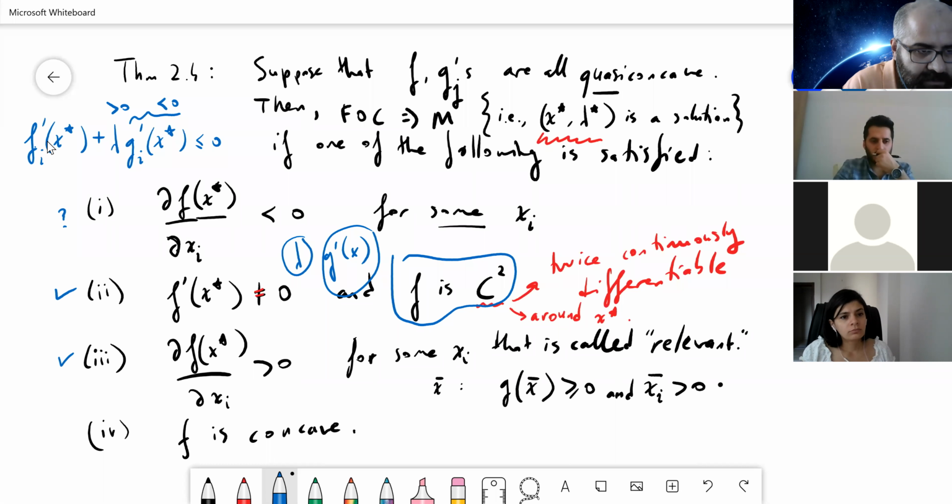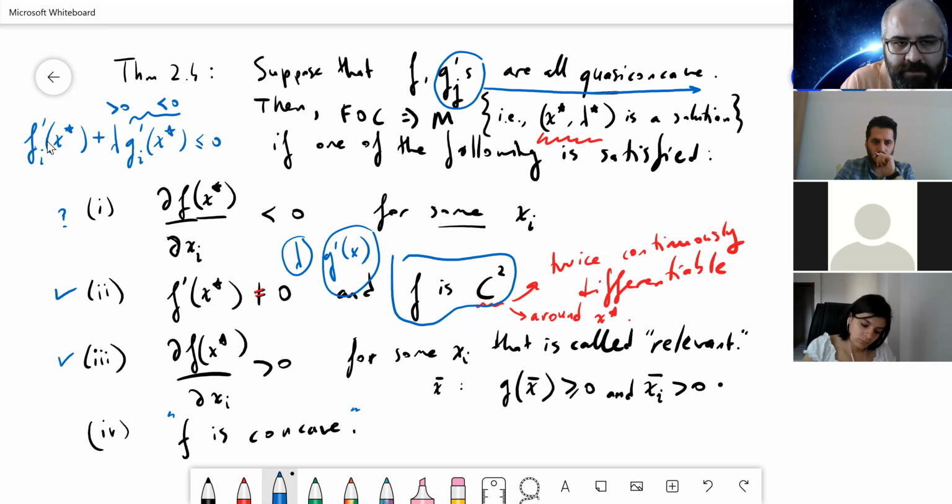This is also very useful. And if you already have concavity in F, that's a very nice thing, because then you can only check quasi-concavity of the G functions. So that's the formal way of doing second order sufficient conditions.